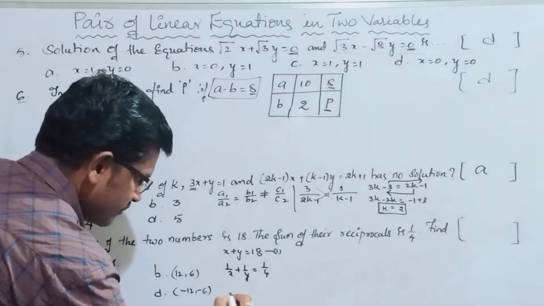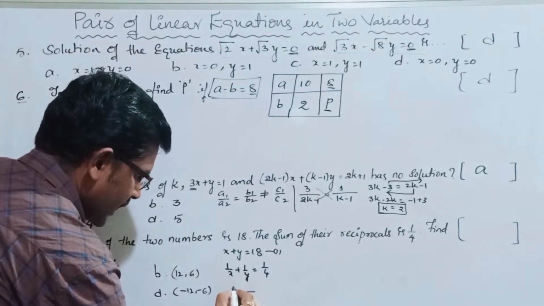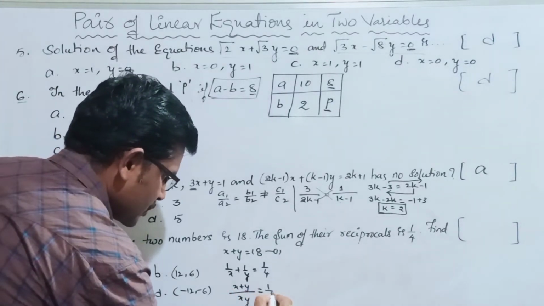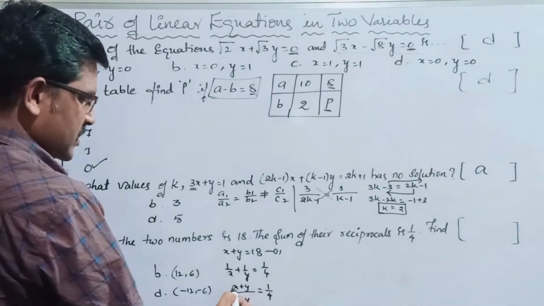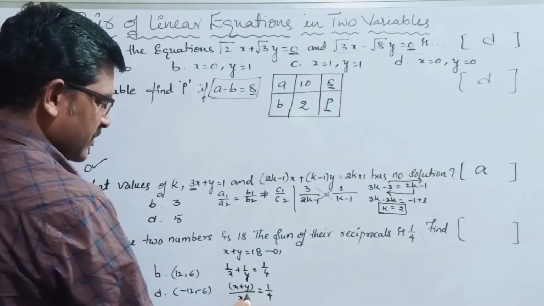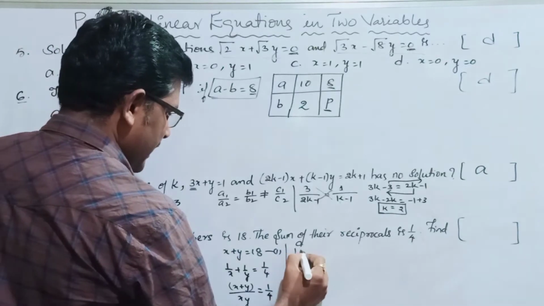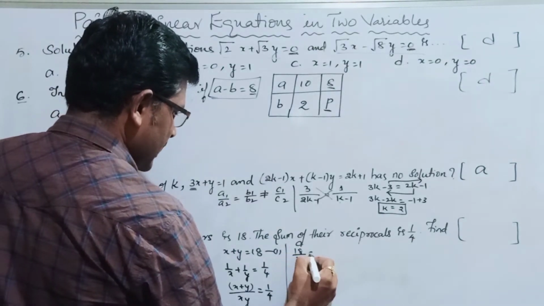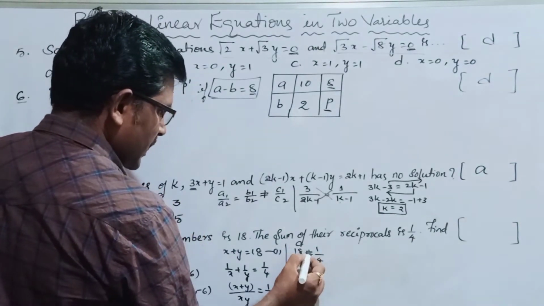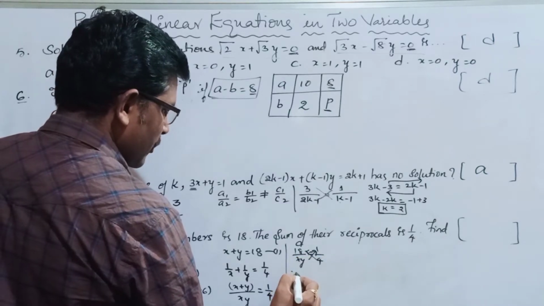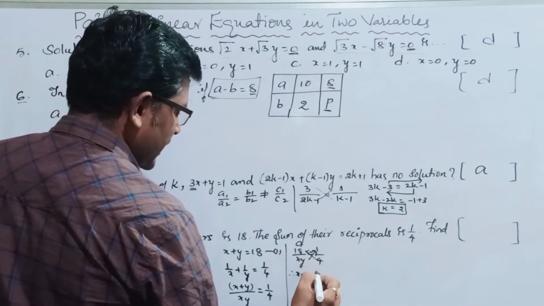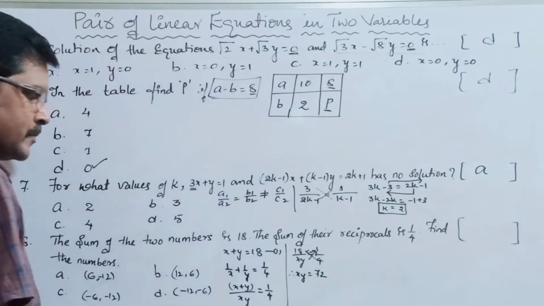Here LCM xy, then x plus y by xy is equals to 1 by 4. From equation 1, what is the value of x plus y? So 18. So 18 by xy is equals to 1 by 4. Then cross multiplication. Therefore xy is equals to 18 fours are 72.